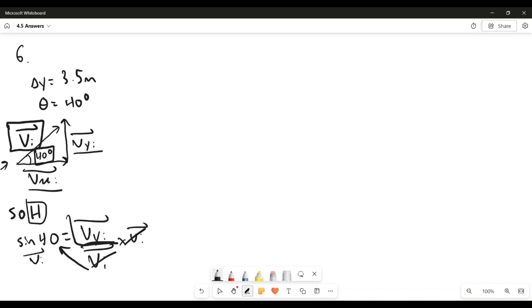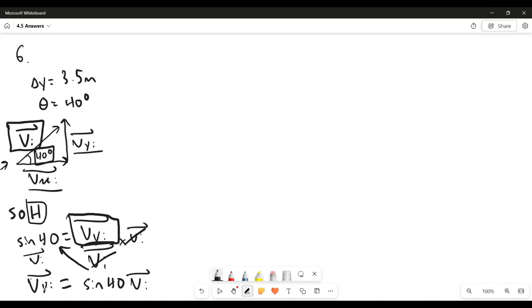So we're basically isolating for this, but we don't really need to figure out the initial vertical velocity. It's equal to VI sine 40. There you go.